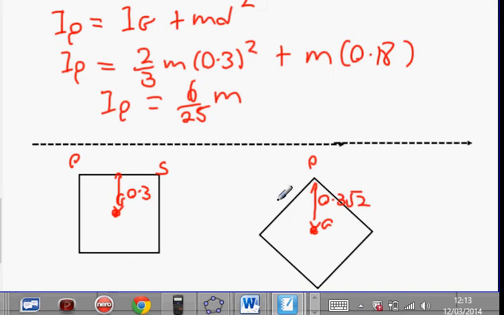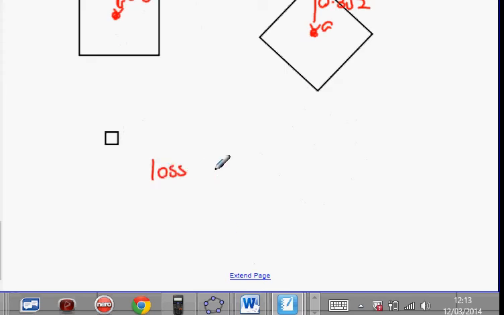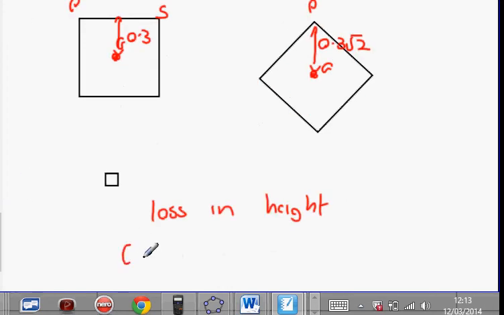Okay, so it's going to be 0.3 root 2 below P. So we're going to find out the drop in height. So the loss in height is going to be 0.3 root 2 minus 0.3. Okay, so that's the loss in height.